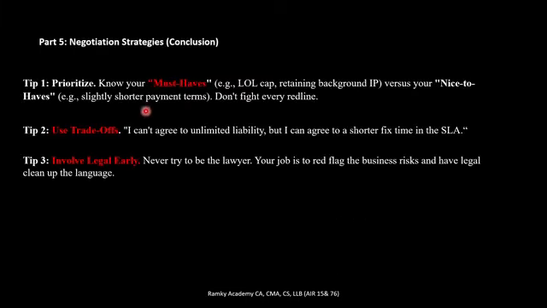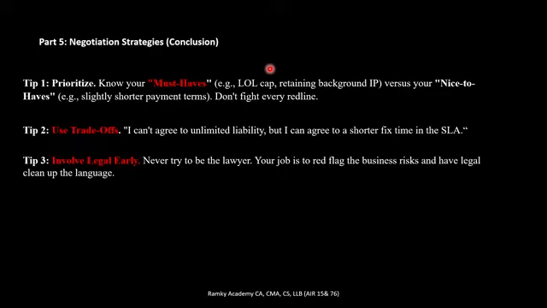Negotiation strategies include must-have clauses like limitation of liability, fixing the cap so that if any kind of mistake happens, we can limit our liability up to 12 months of fees payable. If we accept any unlimited liability, then the company may go bankrupt in order to meet the liability clauses.